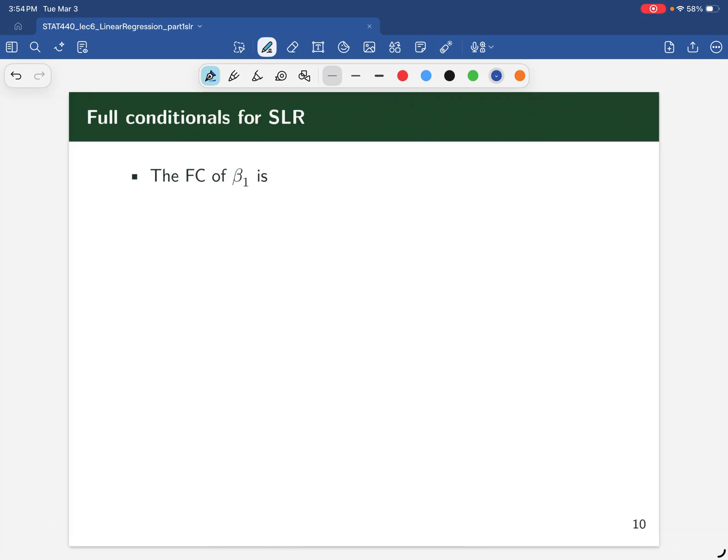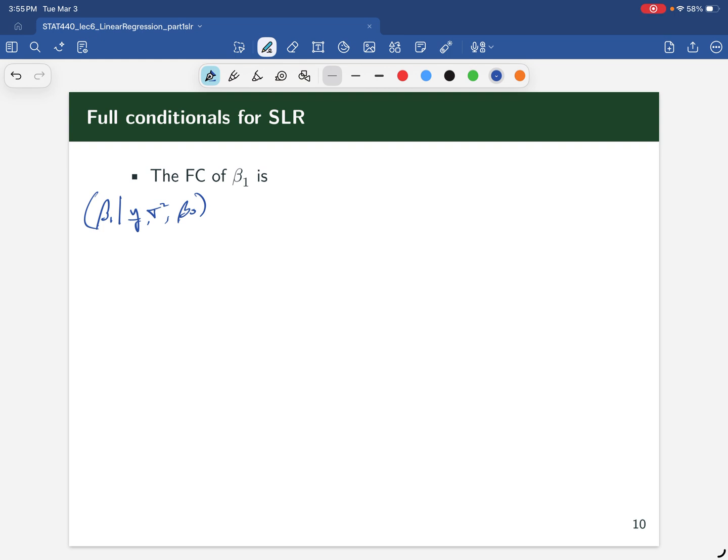Okay, now we want to get the full conditional for beta 1. So we want to know the posterior distribution of beta 1 given our data, given sigma squared and given beta naught. This is the posterior distribution that we want to draw from. Now, this is going to be pretty challenging.